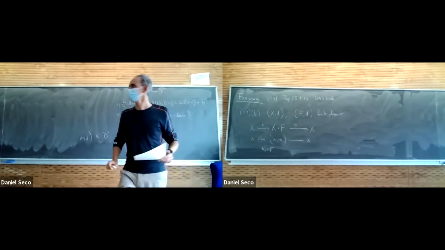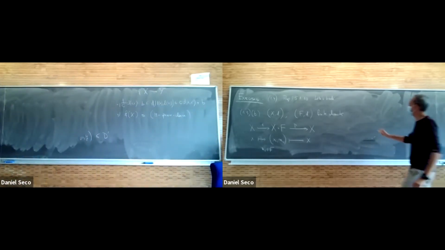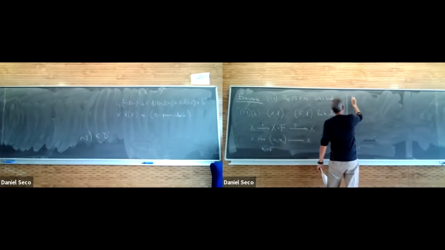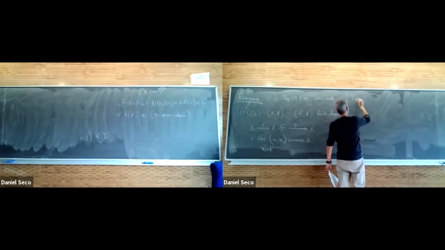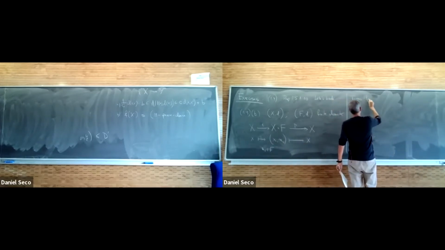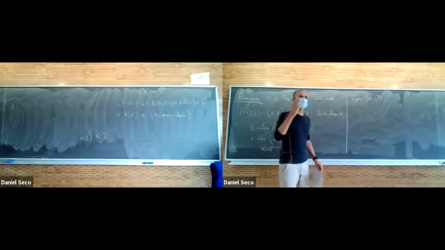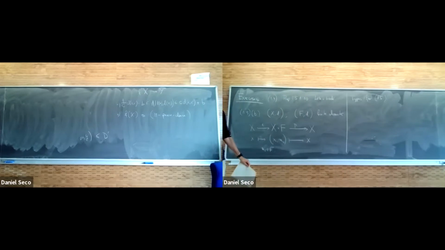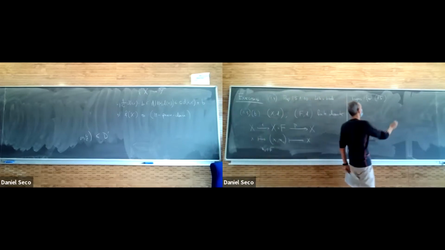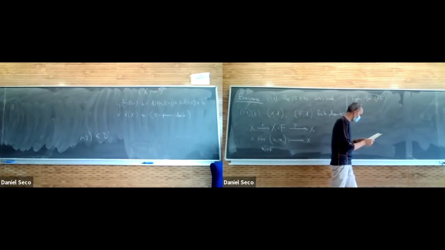Okay, typos for 1.5. Let's start with the easy one. Maybe at the end of the course, I can send you a corrected exercise sheet as a souvenir. Okay?